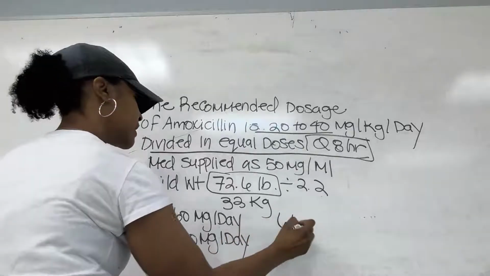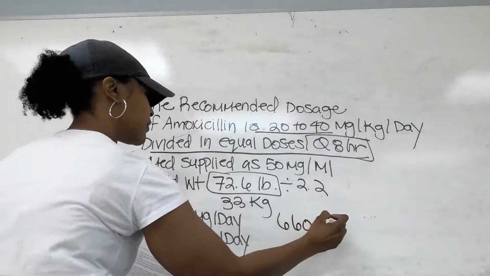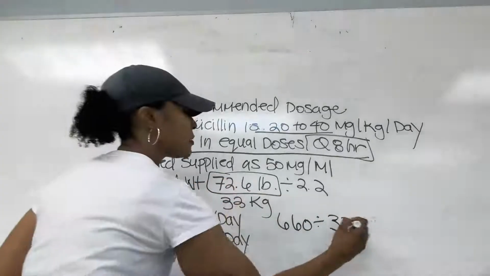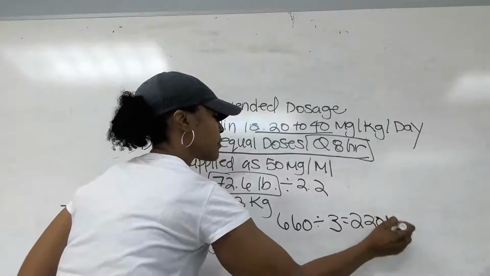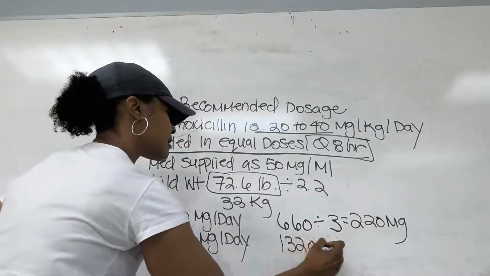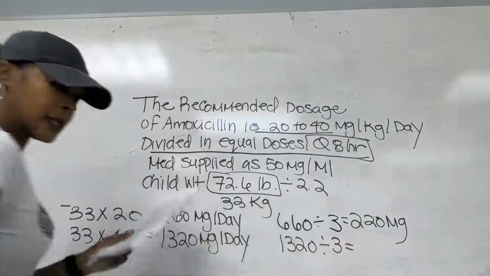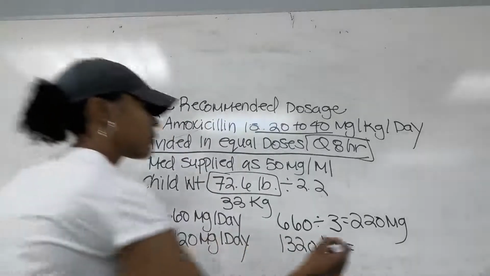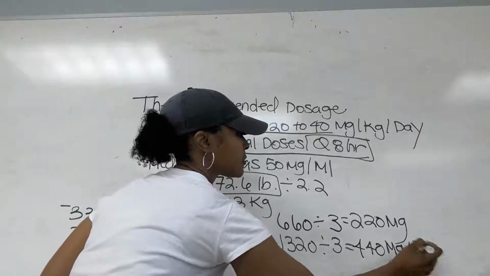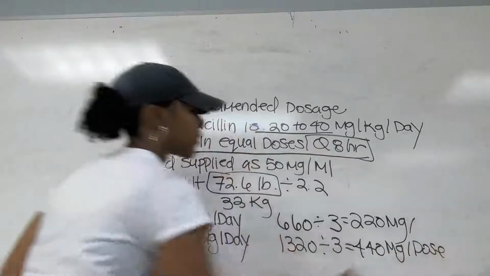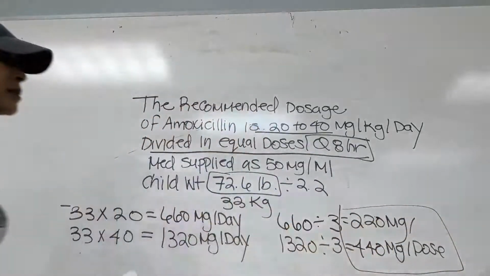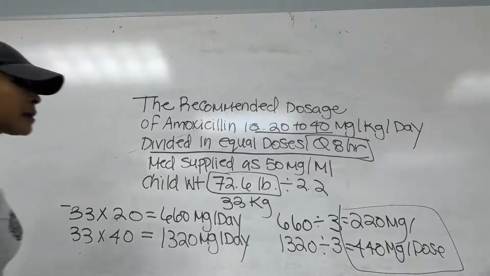So 660 divided by 3 is 220 milligrams. We take our 1320 divided by 3, and we get 440 milligrams per dose. So here is our safe single dosage range for the child.